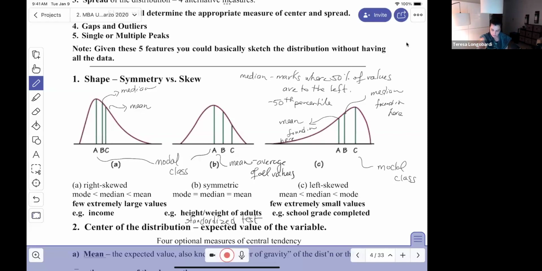So when data are skewed, you use the median. When data are symmetric, it doesn't matter because the mean, the median, and the mode are all the same.